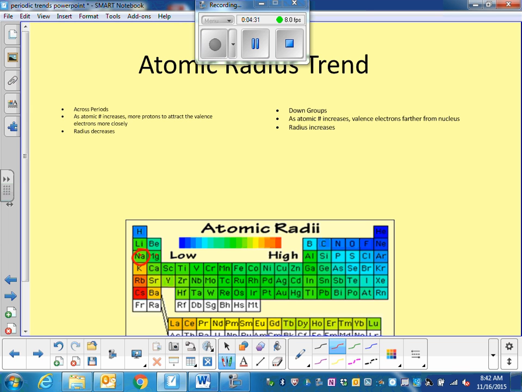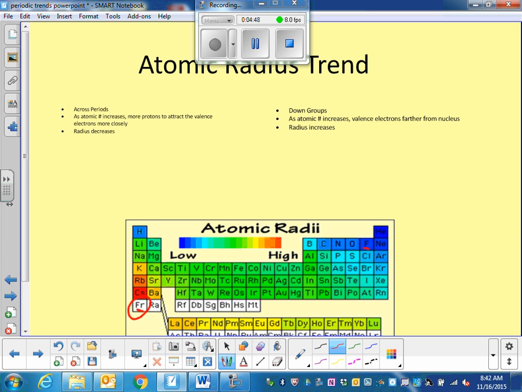Moving on to Sophia: francium and fluorine. Here is francium, here is fluorine. Which do you think has a larger radius? Very good. Francium does have a larger radius.